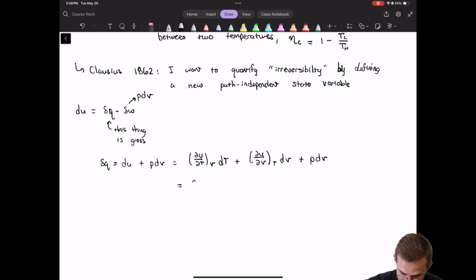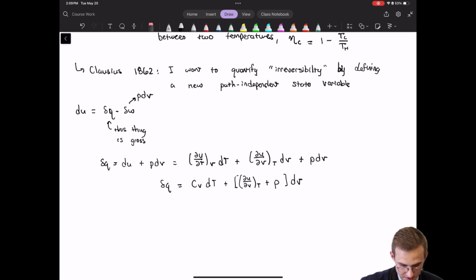That's the specific heat, C_V dT. Then you're left with this quantity, dU/dV at constant T, plus the pressure, times dV. Okay, so this is what delta Q is equal to.